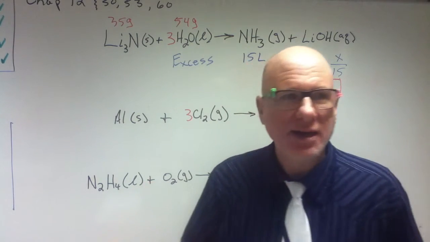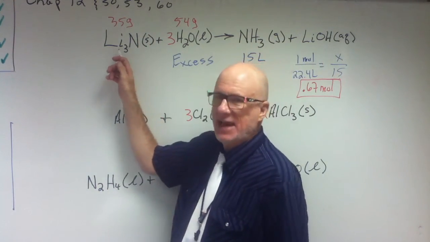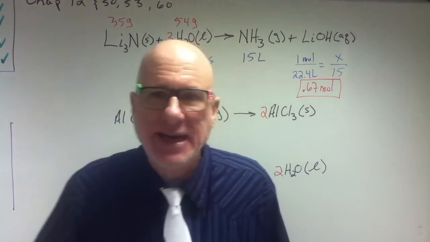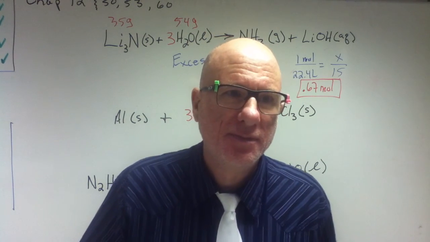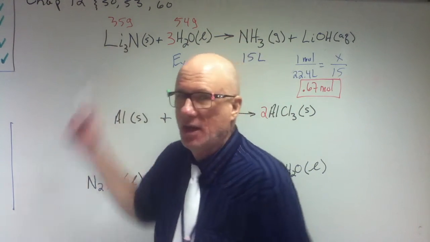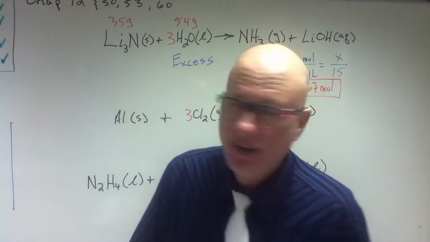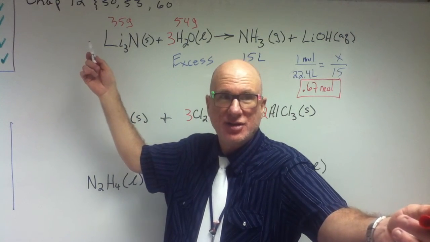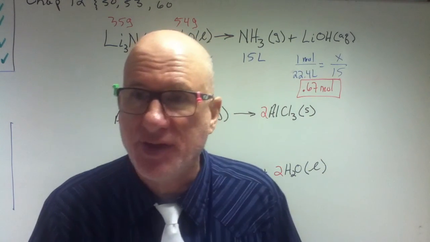So what if I tell you that I have 0.67 moles of lithium nitride? What's the mass of 1 mole? No, that's the number of particles in a mole. You guys are really losing it. Look right here, 35, didn't we do this? Like 5 minutes ago, it seems like. So there's 35 grams in 1 mole of lithium nitride.